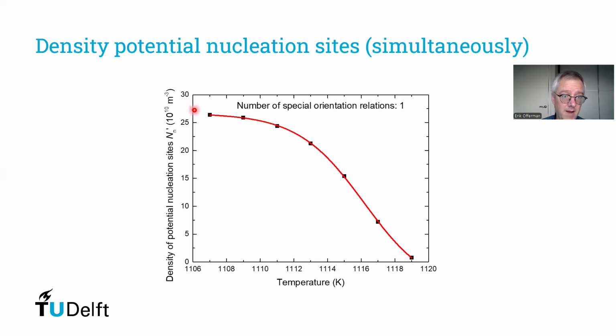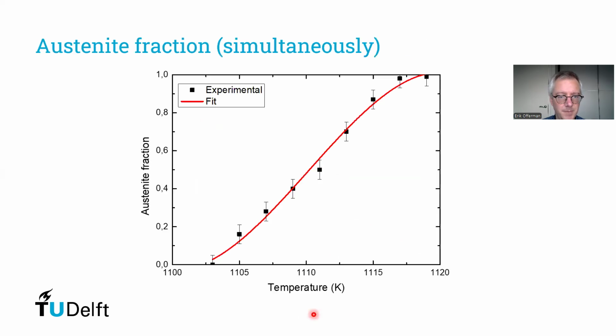There could be a prefactor here in front, because we don't know which potential nucleation sites have not been activated. So the number of potential nucleation sites could be higher, but we assume that this shape is like this when we plot it as a function of temperature.